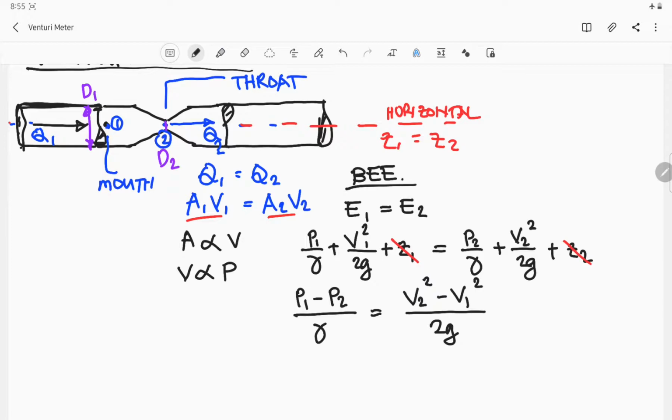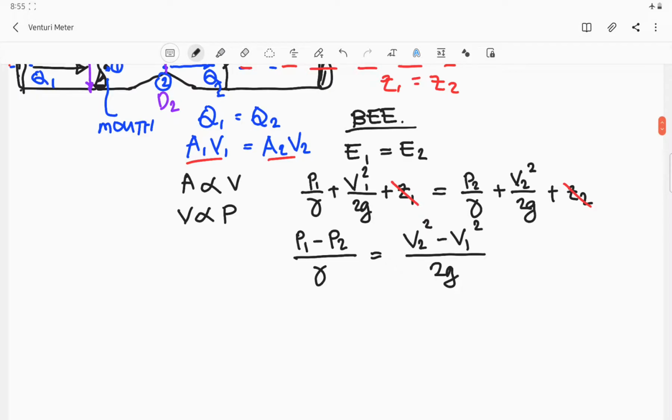So we have one equation and four unknowns: P1, P2, V2 and V1. But for P1 and P2 we don't need to really determine their values. We just need to get the pressure difference, P1 minus P2.